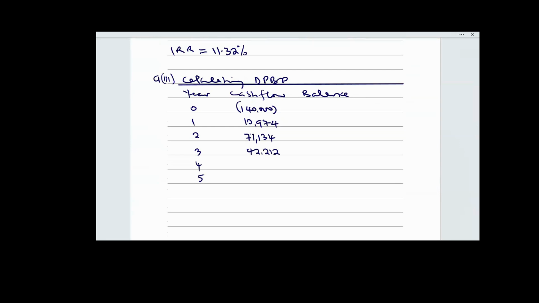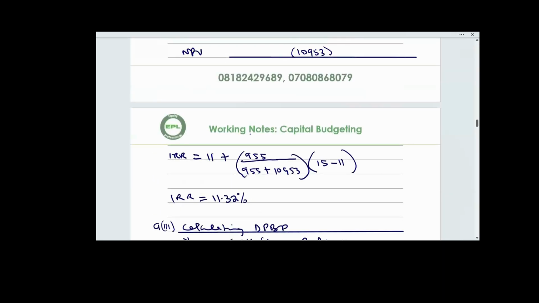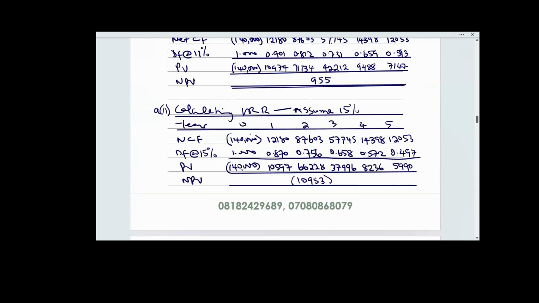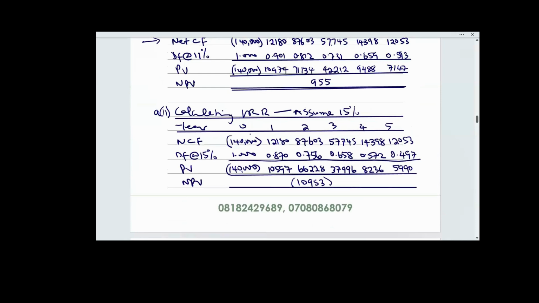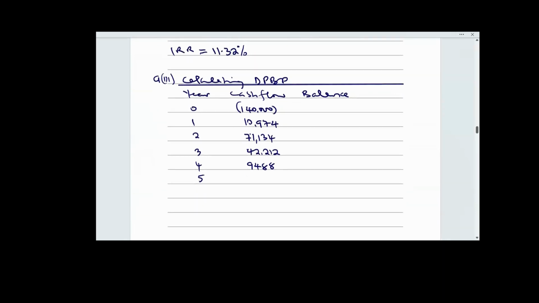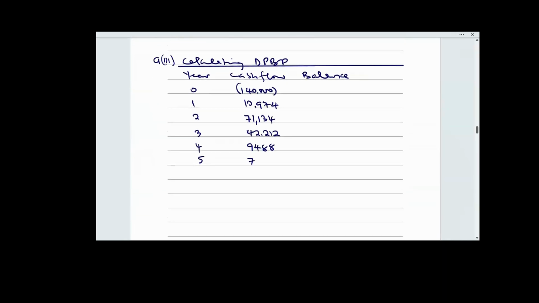Okay, year 4, 9,488. Then year 5 is 7,147. So let's calculate the discounted payback period now.